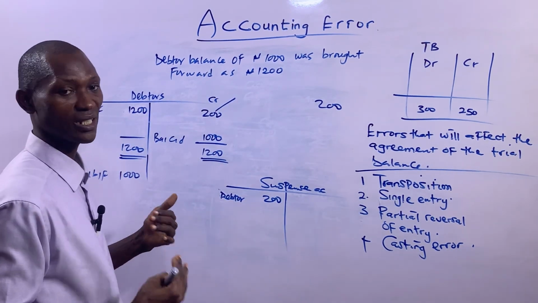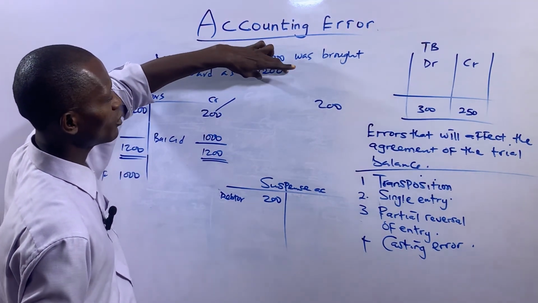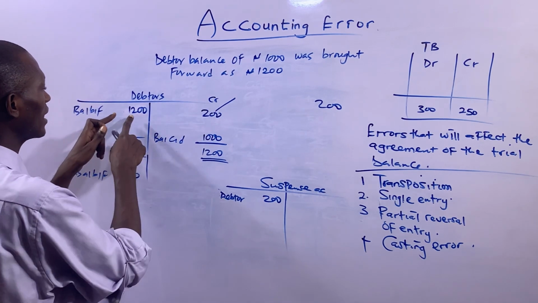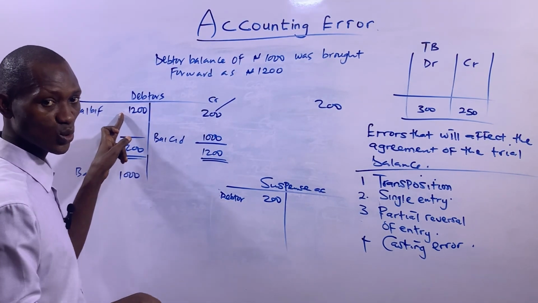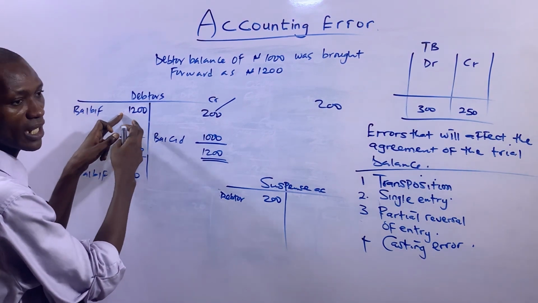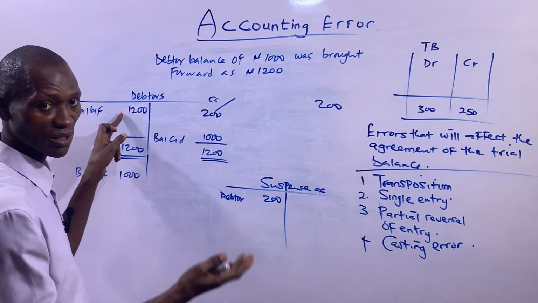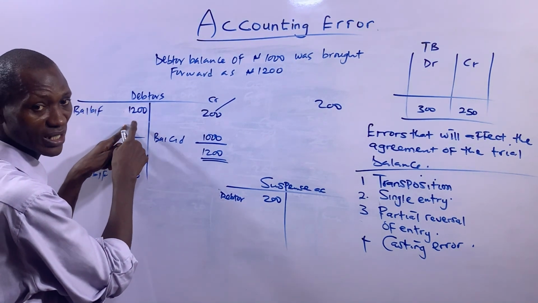And if it is undercast also, maybe 1,000 naira was brought forward as 800 naira, you write that 800 naira here. Then it's been undercast by 200. Since the debtors balance is a debit balance, and if you want to increase an account that has a debit balance, you debit it more. So you are going to debit the debtors account with 200 naira.